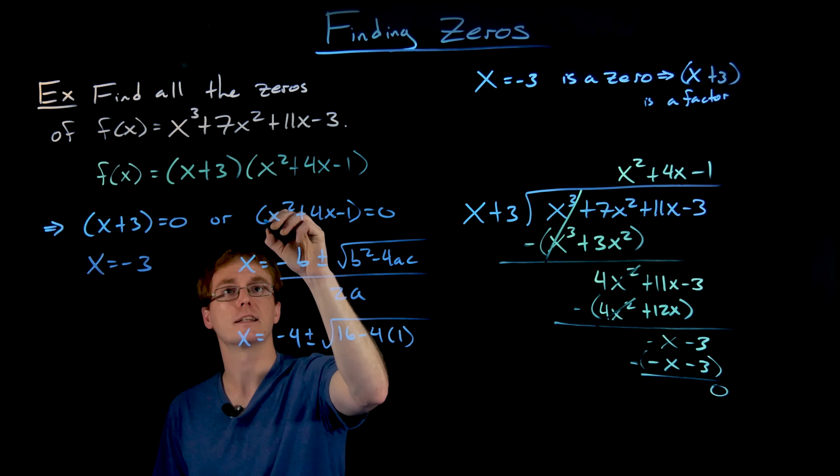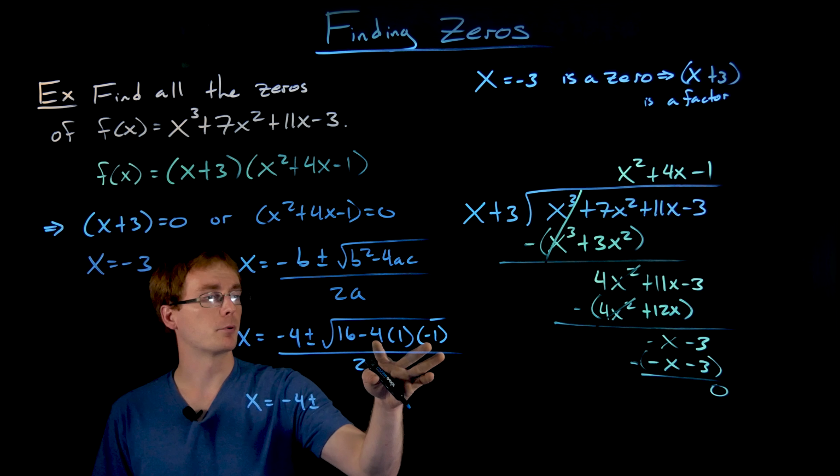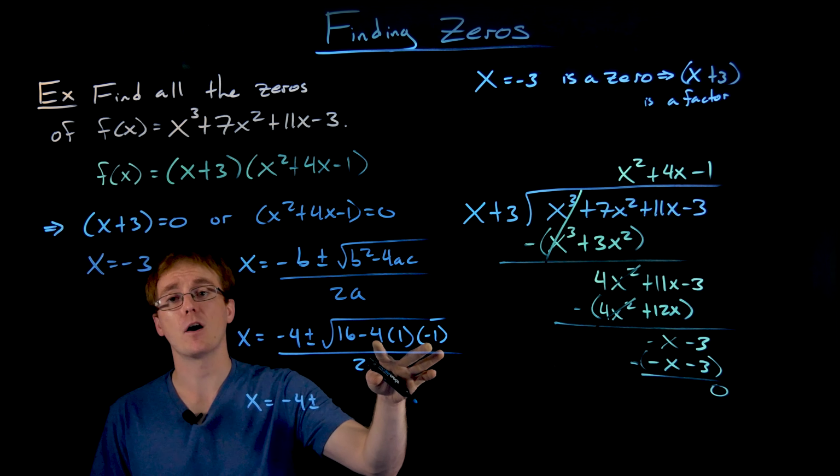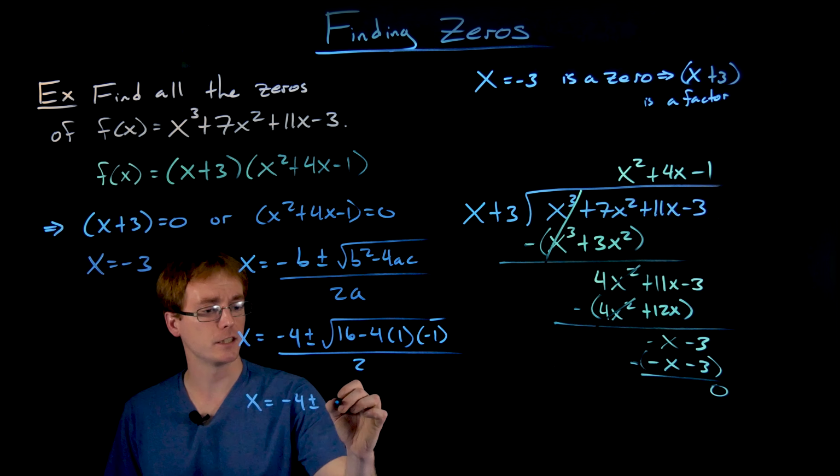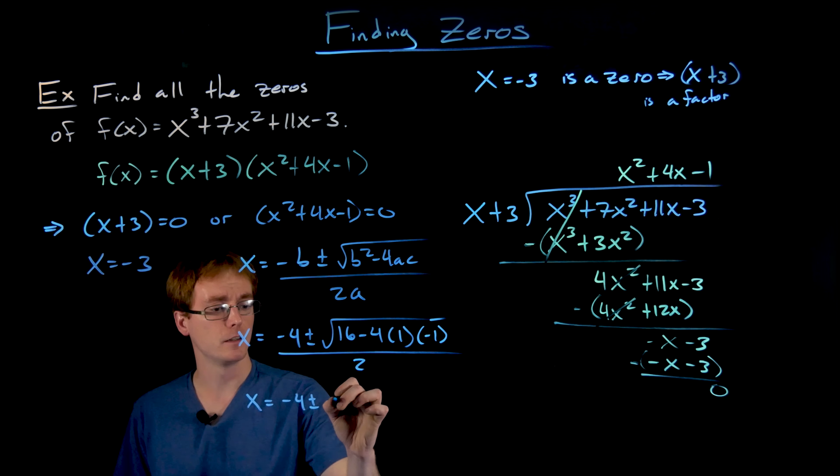All right, so let's go ahead and simplify our radicand, or that number underneath our square root. We got a product of 2 negatives here, making this a positive 4 that we are adding to our 16. So that'll give us a total of 20. So x could also be equal to negative 4 plus or minus the square root of 20 all over 2. Or we could simplify that, and we should.